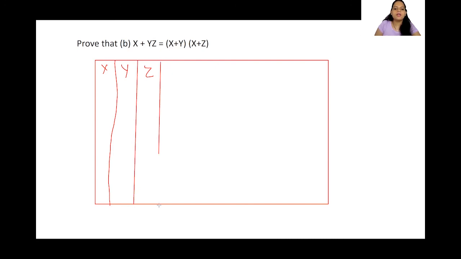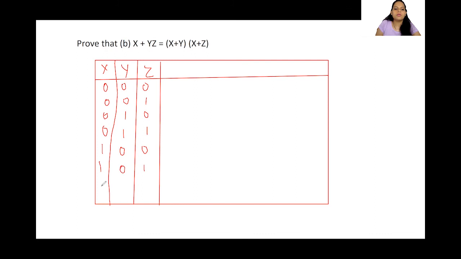Since we have 3 variables, we need 8 combinations, right? So what are those? It is going to be 000, 001, 010, 011, 100, 101, 110, 111.